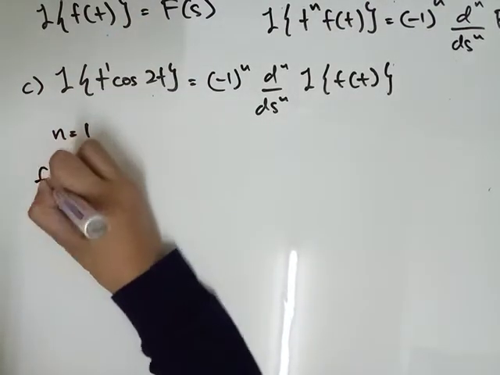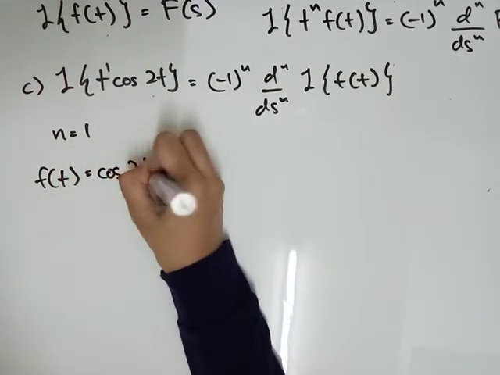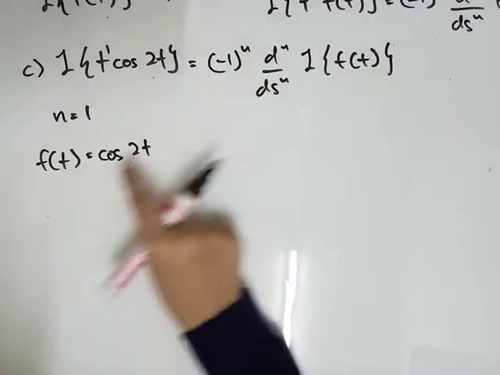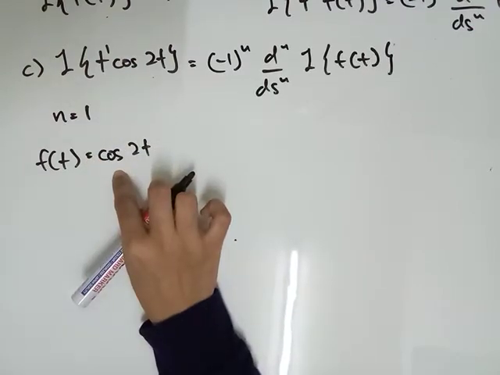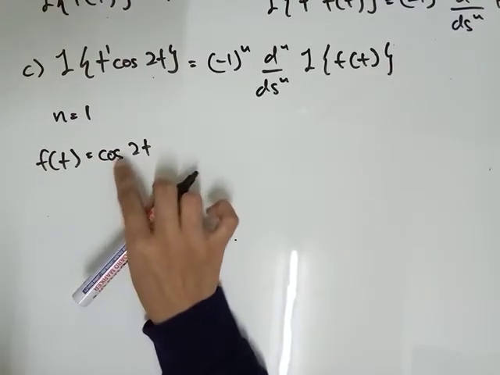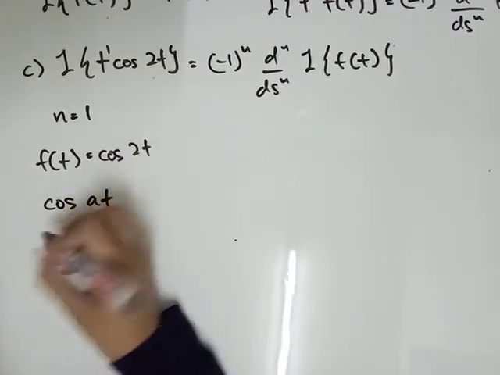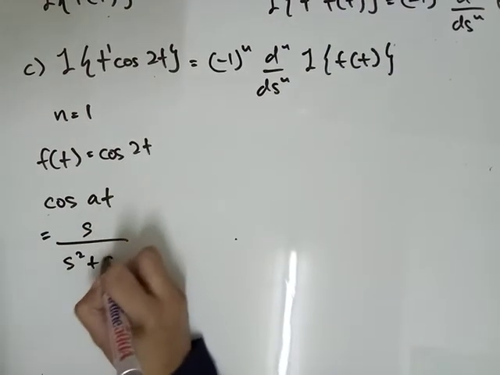And then the function is cos 2t. So from your table, what is the result? The Laplace of cos at is equal to s over s square plus a square, right?